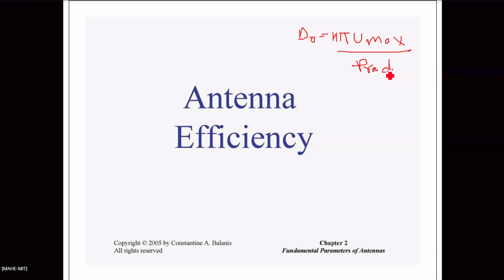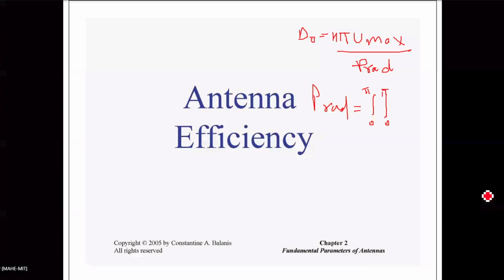U max is 1. How do you find the P rad? What are the limits of integration? 0 to pi both times. U of theta phi into sin theta d theta d phi.